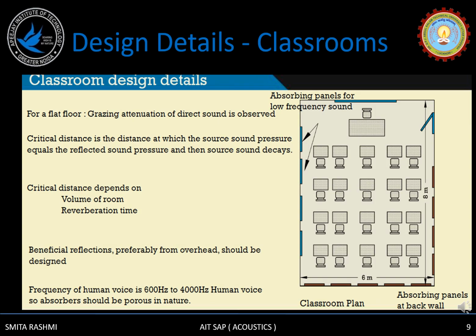As you can see in this slide, there is a plan of the classroom where there is an orderly arrangement of the seating. You can see in the plan itself, at the back side of the speaker or the teacher, there is a reflector, and there are absorbers on the side walls and at the back wall.